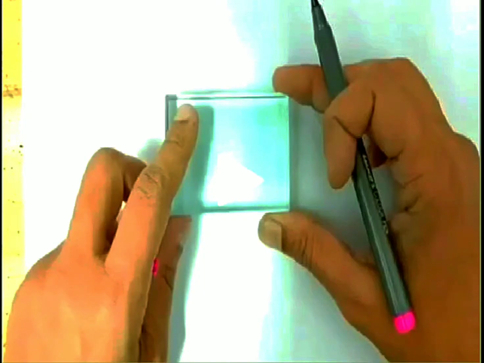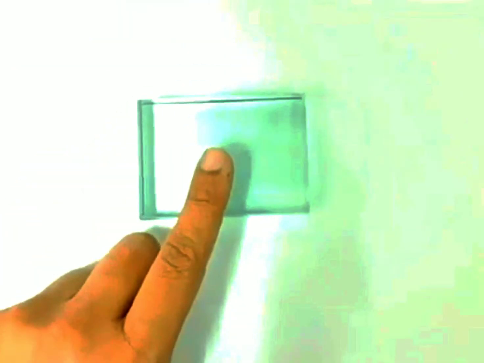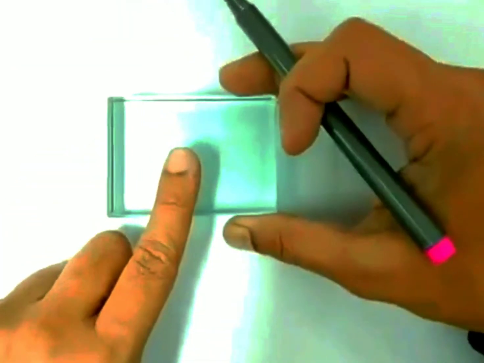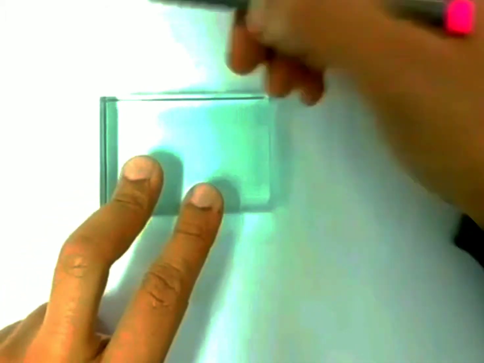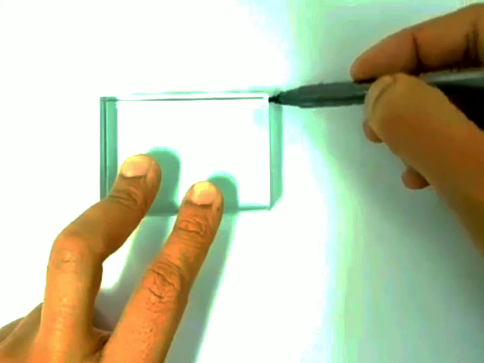Now let us try to understand more clearly with the help of an activity. First, we will take a glass slab on a drawing paper and we will draw the outlines of the edges of the glass slab.